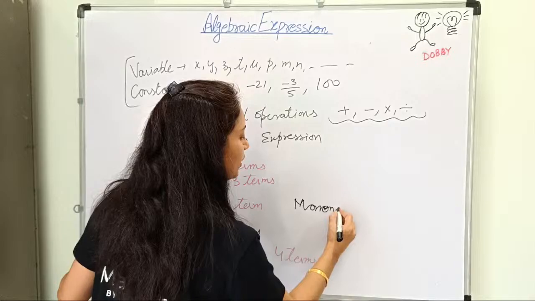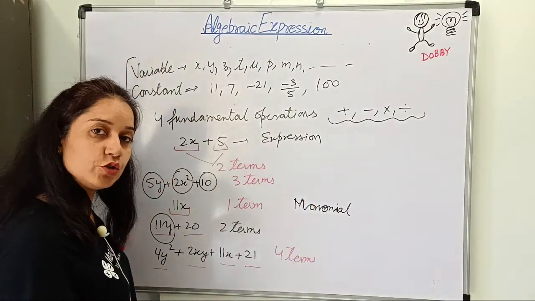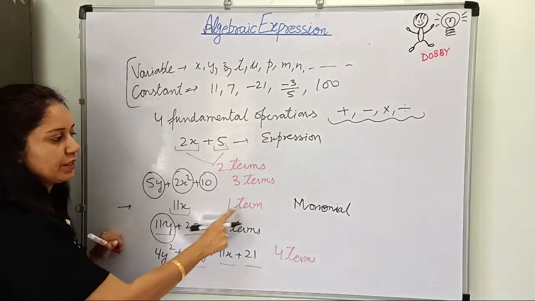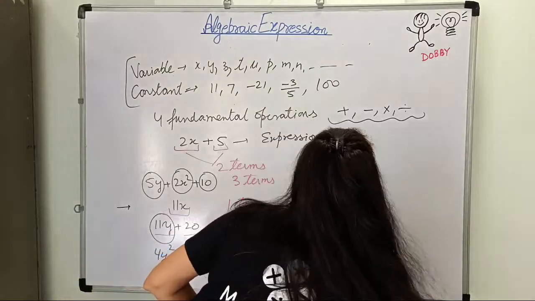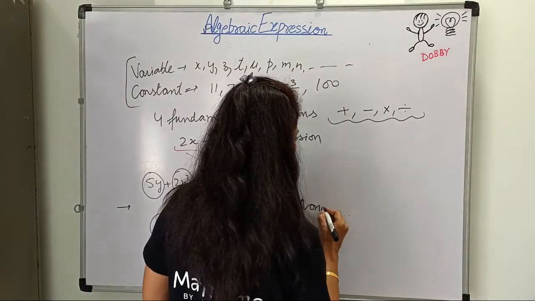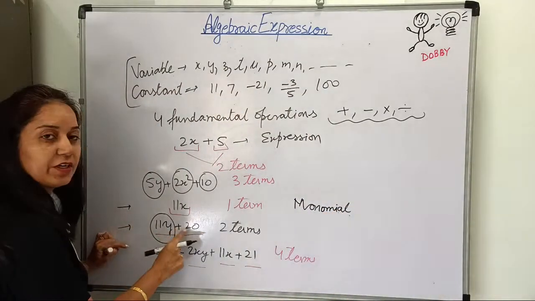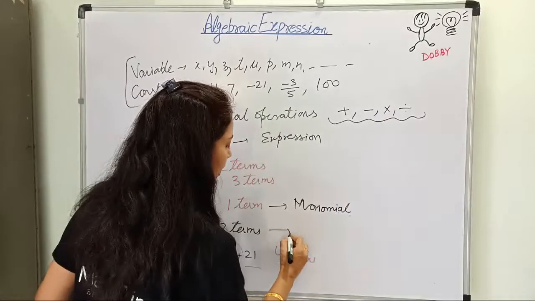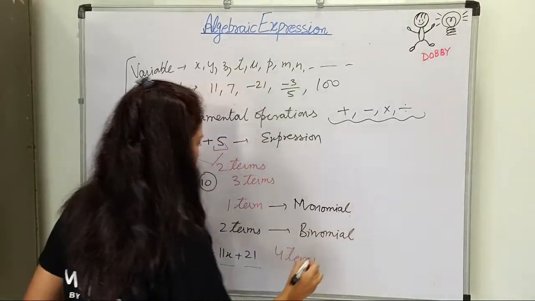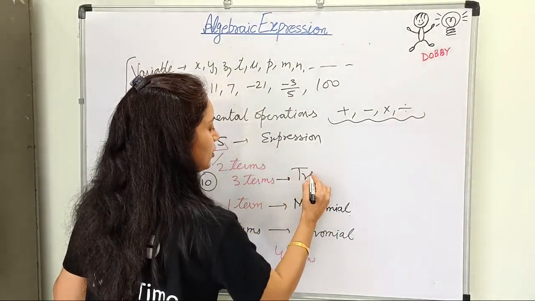Name, its name. My name is Alka, your name is Ayam, Shalini, Anushruti, right? In the same way, the name of the one term expression is monomial. Writing it again. Now, an expression having two terms is named binomial. An expression having three terms is known as trinomial.